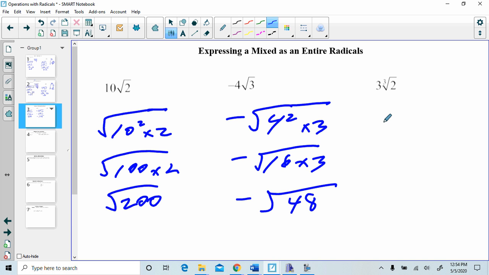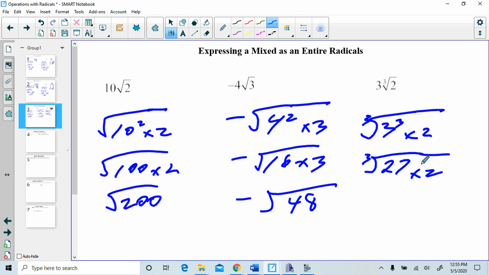Okay, so then from here, it's going to be cubic root of this 3 underneath cubed. That's how we got 3 outside. We took the cubic root of 3 cubed. But don't forget, there's still a 2 underneath that root sign. Okay, so now it's the cubic root of 3 times 3 times 3, which is 27 times 2, leaving you the cubic root of 54.